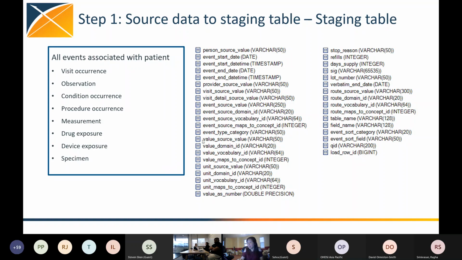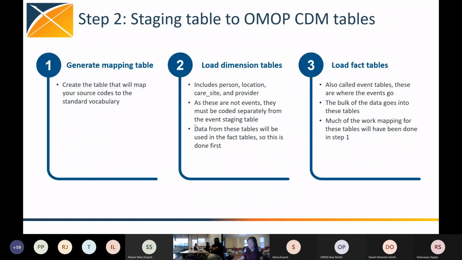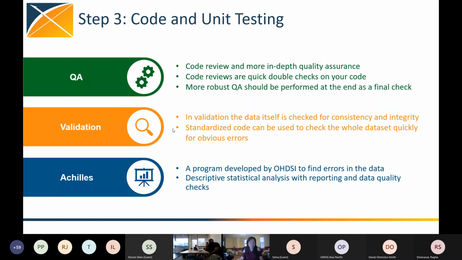So that's something we do. Now, the other thing is how you load the staging tables. I'm not going to go over a lot of this because I'm going to show you basically how we do things. We have different coding standards in place. We have a bunch of QAs and validations that we do per table and per sprint, and then we do all of it again at the end because we have different environments.